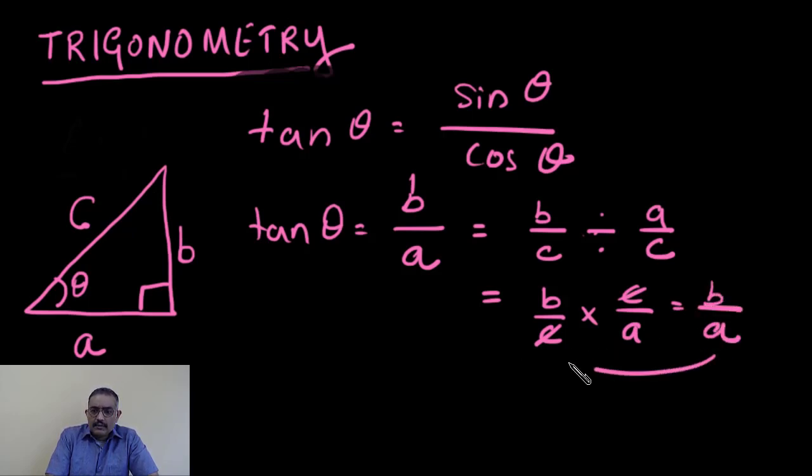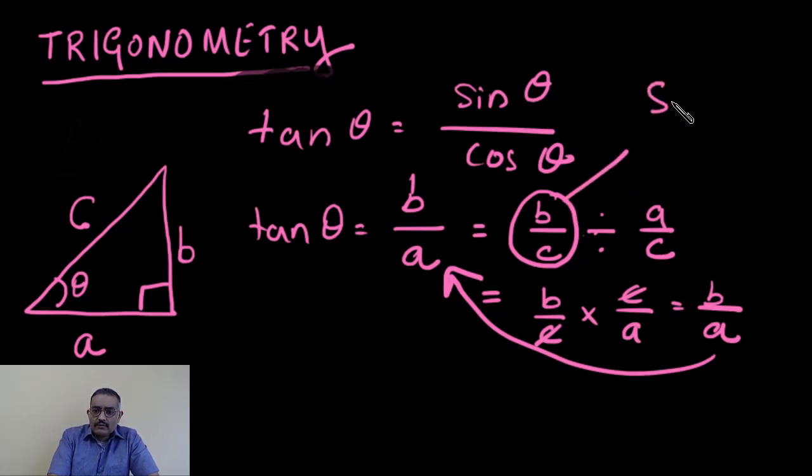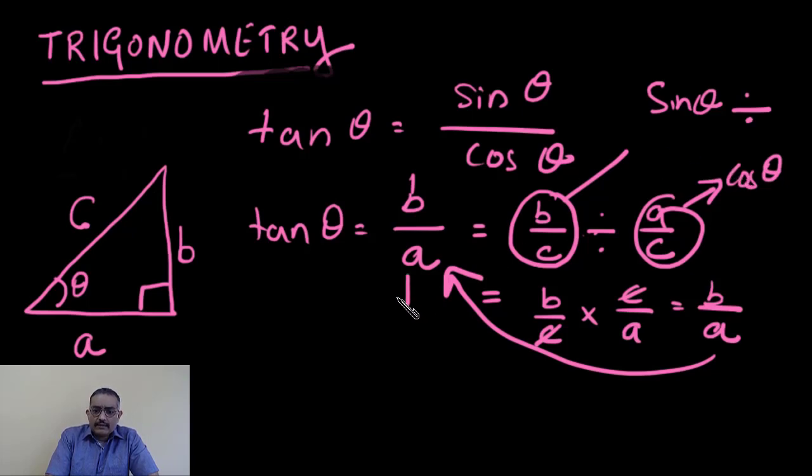Alright, see, these two are essentially equal. Now this b by c, opposite side by hypotenuse, this is sine theta. So you get sine theta divided by a by c, or adjacent side by hypotenuse, and that is cos theta. So ultimately this is sine theta by cos theta.